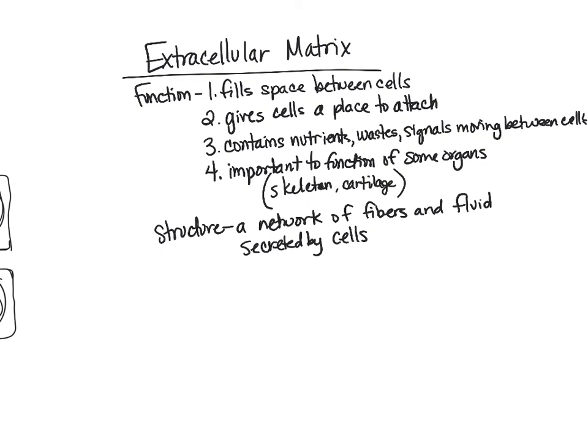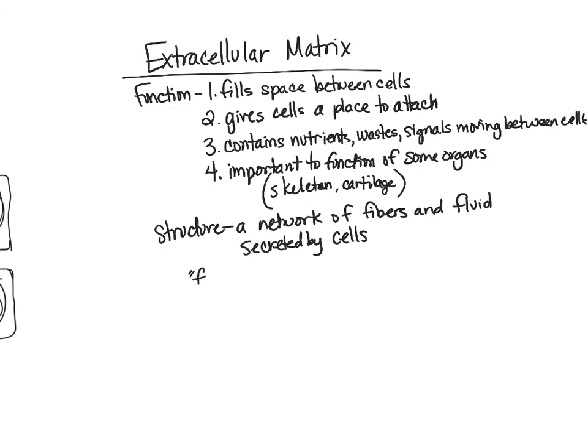They're the ones making the hard part of the bone, the calcium and phosphorus deposits. Same thing in our cartilage example. The cells of the cartilage are secreting the kind of rubbery, chunky but hard type of cartilage. So the structure is this network of fibers and fluid, but it can be very different.